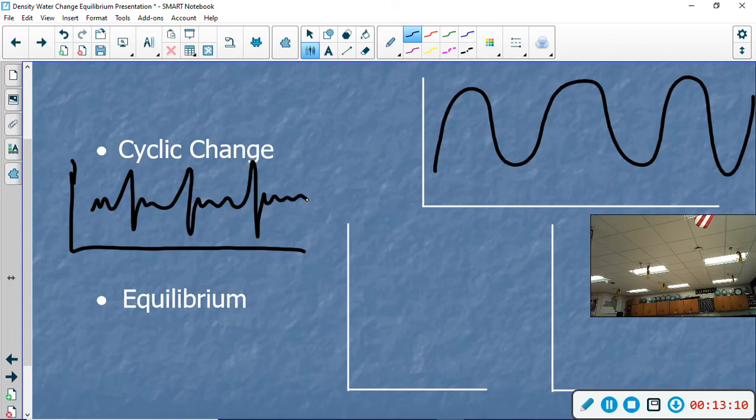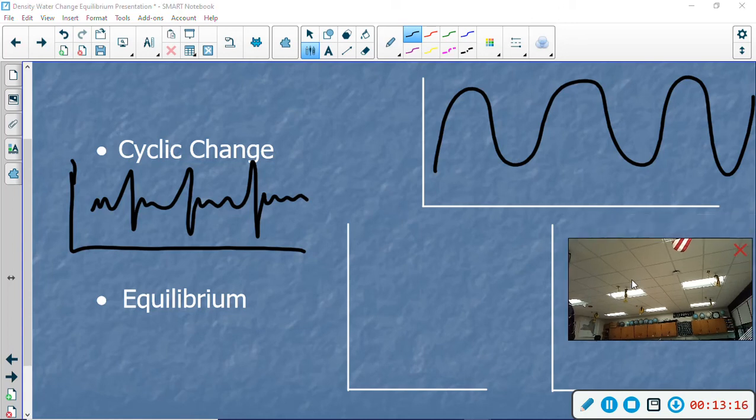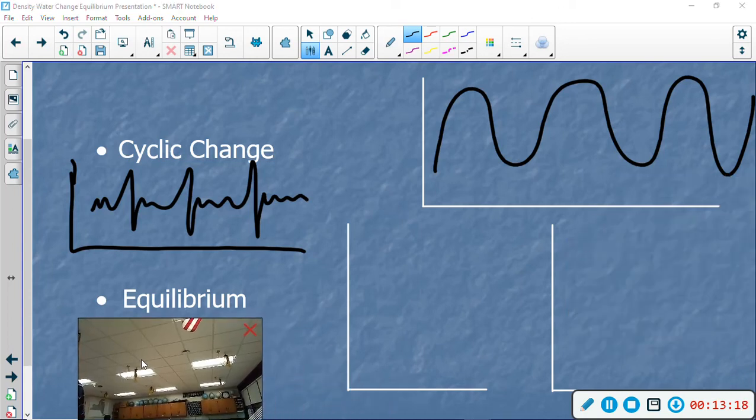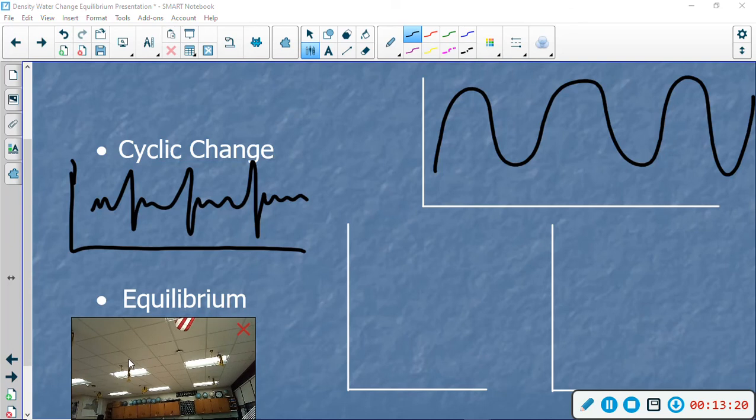All right, and then the last thing I want to show you is an equilibrium graph. Move myself out of the way here. All right, equilibrium means that the graph is kind of not changing anymore. So you could have one situation where as x increases, x will always change, right?